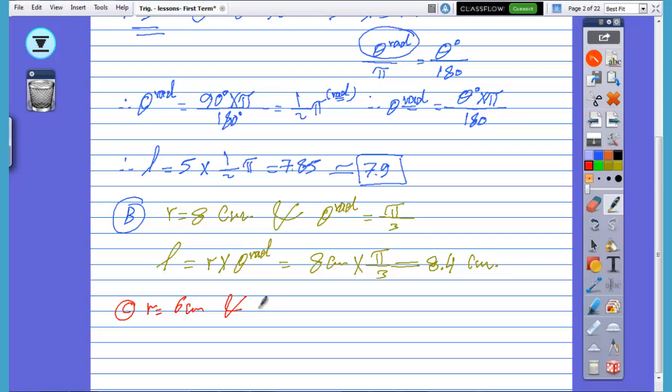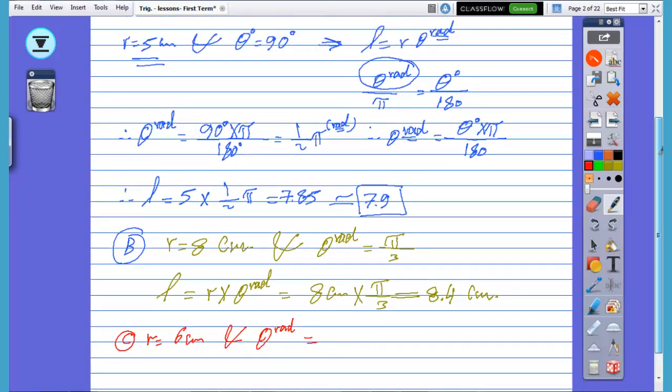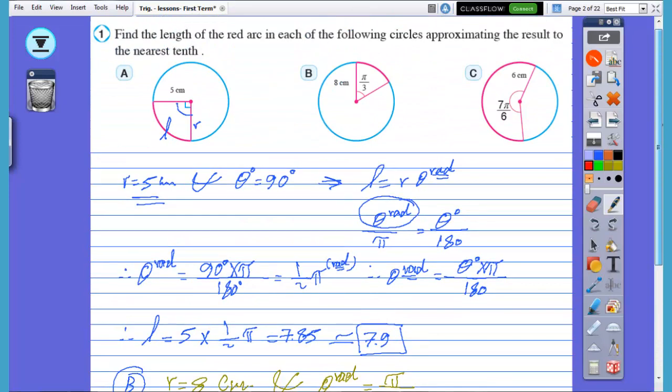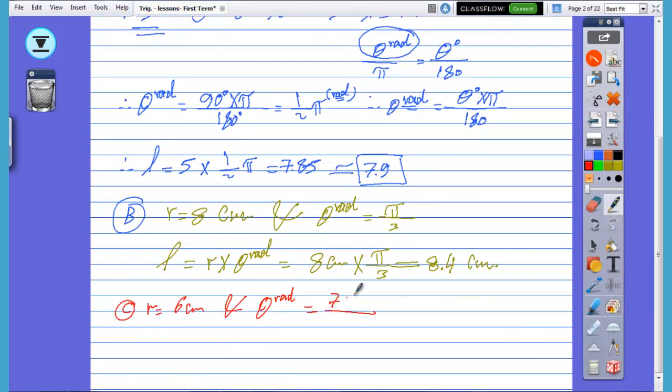Here in letter C, R equals 6 centimeters, and theta radian equals 7 pi over 6. So L equals 6 times 7 pi over 6, which equals 7 pi.